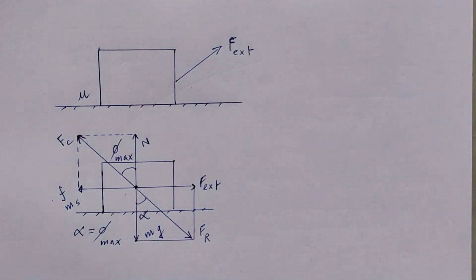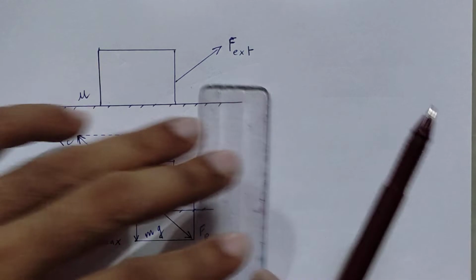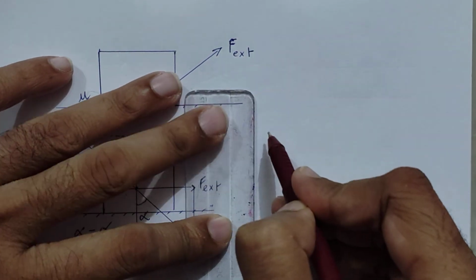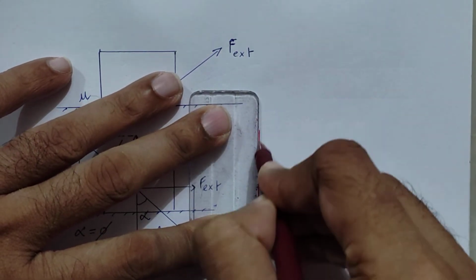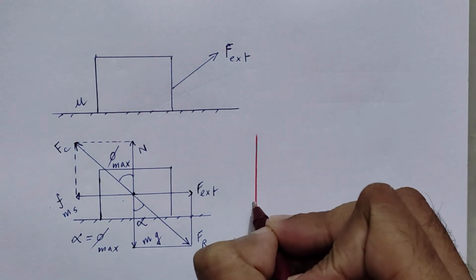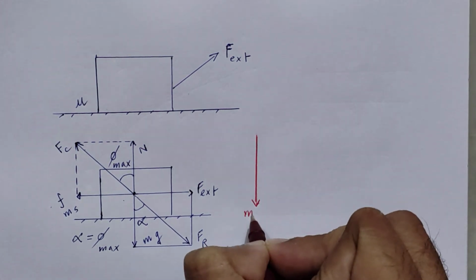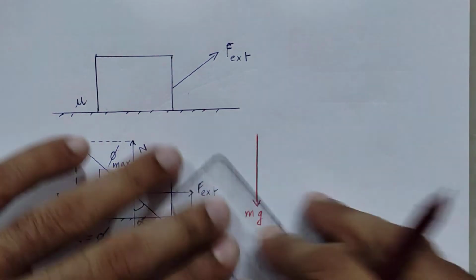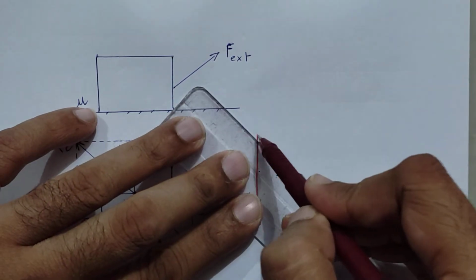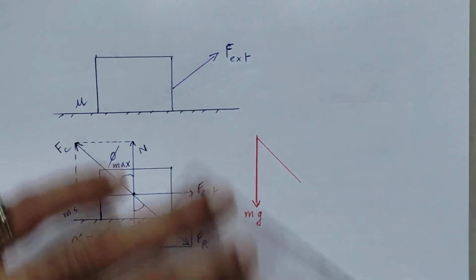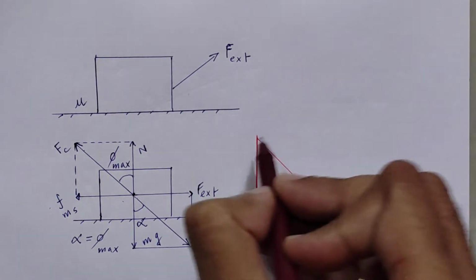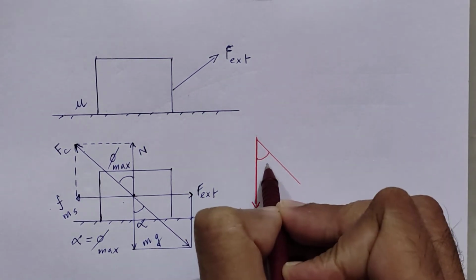If I just zoom into it, somewhere this is mg, and this is the resultant force, this should be the direction of the resultant force. This angle is alpha.